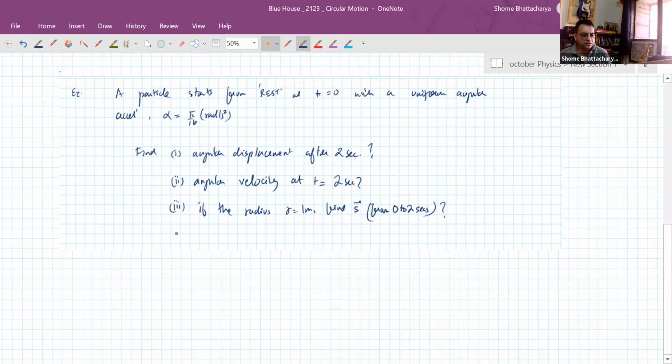We can also find the speed v at t equal to 2 seconds. That's another thing we can find.